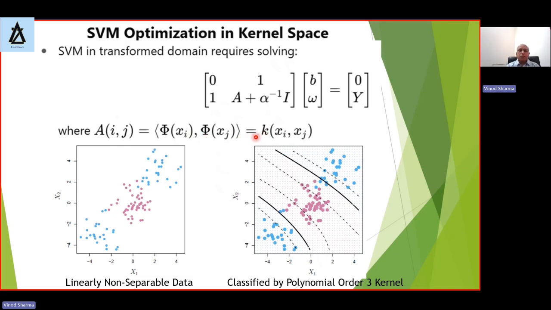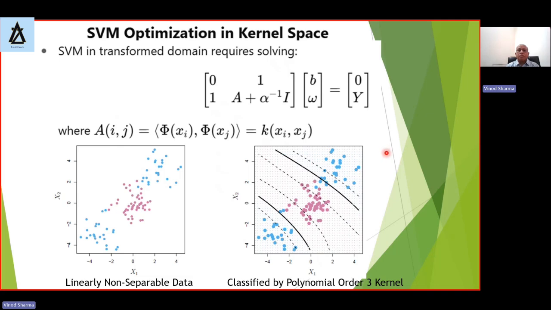That is equal to, from the above theorem, K(xi, xj). So we define this system of linear equations this way and solve it by the HHL algorithm. And this is how we can get the optimal solution at a much faster rate using quantum algorithms.